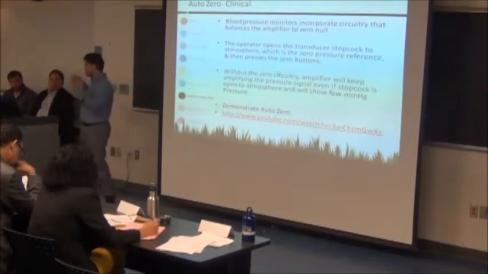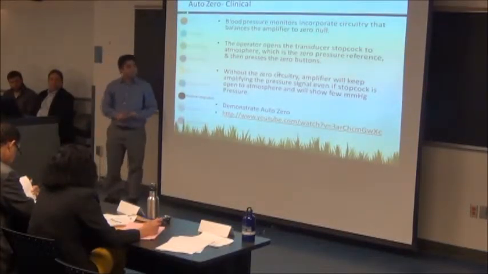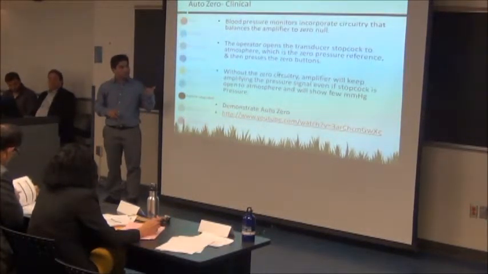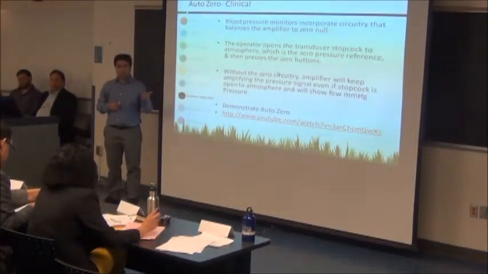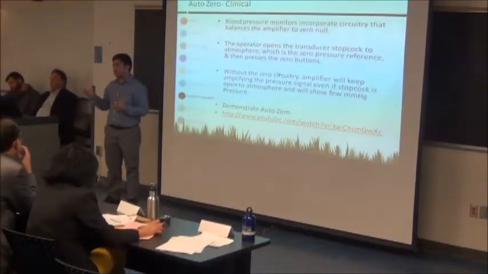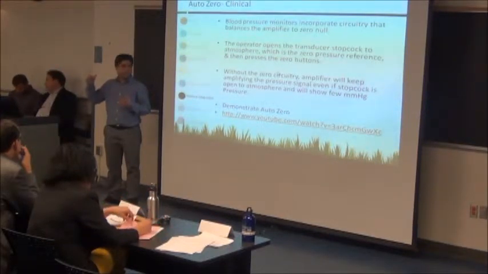As Jeff and Momo said, usually nurses open the transducer stopcock to atmosphere, and when they open the stopcock to atmospheric pressure, the whole system will show some voltage in millivolts.